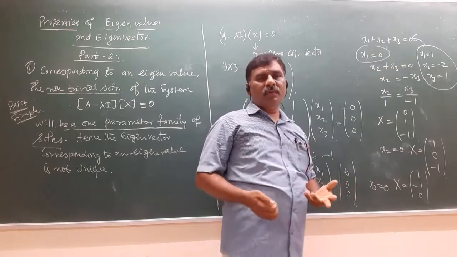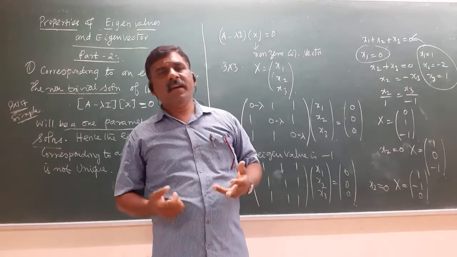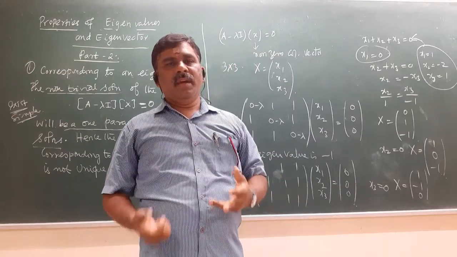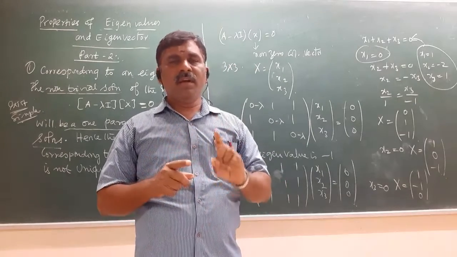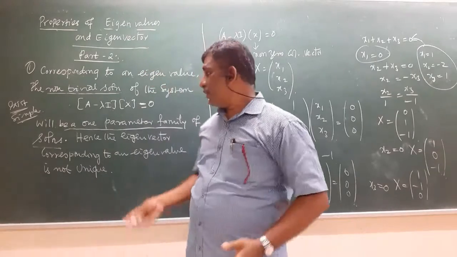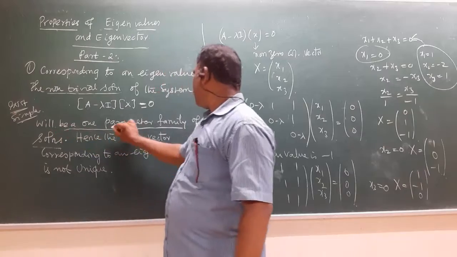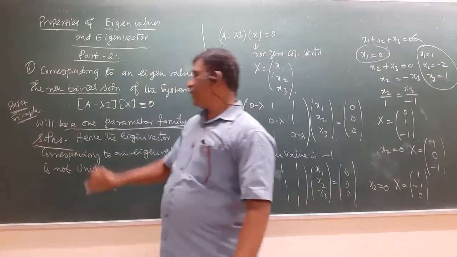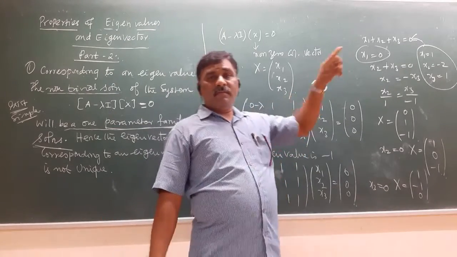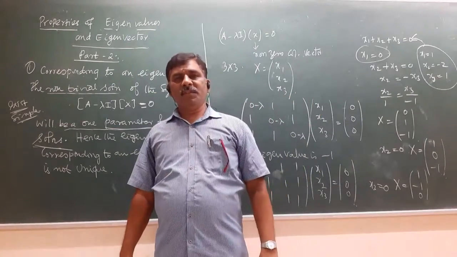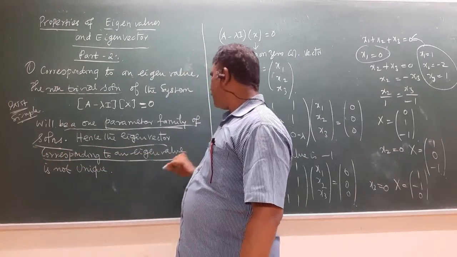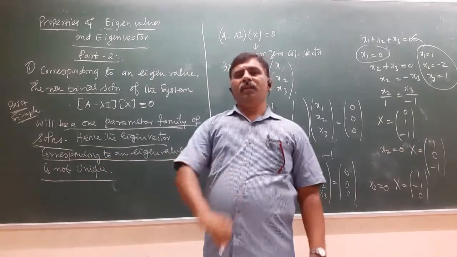So we are not able to fix this as the eigenvector for the particular eigenvalue. Actually we get one eigenvector for the eigenvalue from the one parameter family of solutions. We are taking only one eigenvector from the family of solutions. Therefore, the eigenvector corresponding to an eigenvalue is not unique.